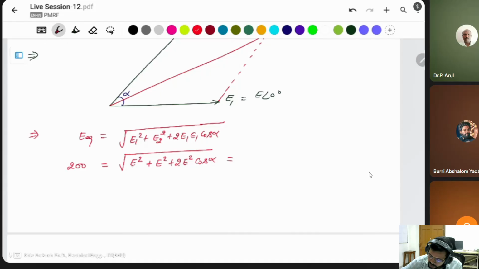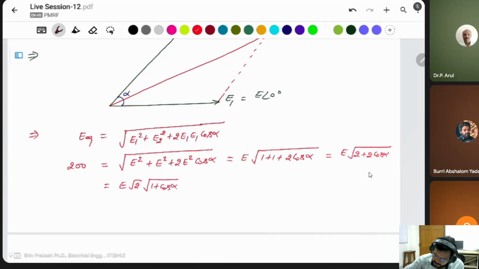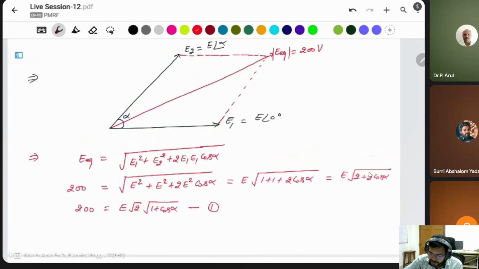Take E square common, and outside is E, because the root of E square is E. So E root of 1 plus 1 plus 2 cos alpha, which is E root of 2 plus 2 cos alpha. Taking root 2 common, this will be E root 2 times root of 1 plus cos alpha. This is equation number one. The first condition is completed.